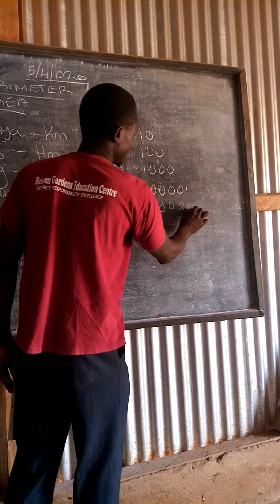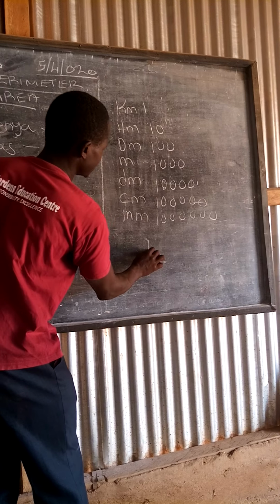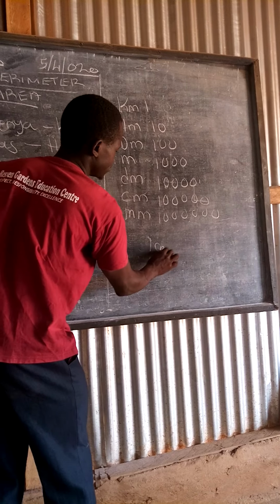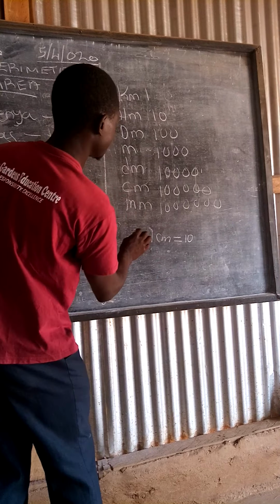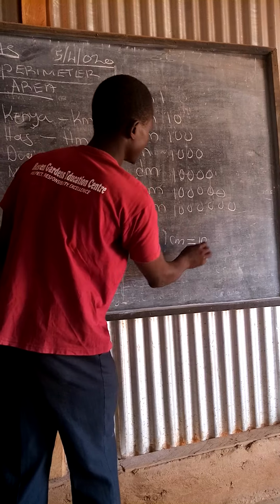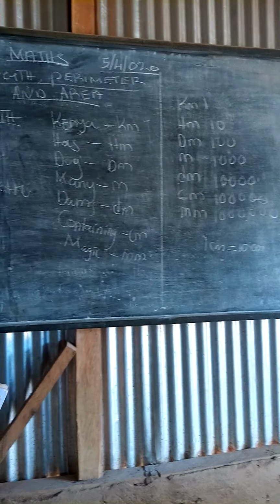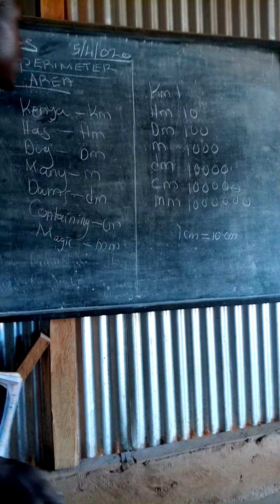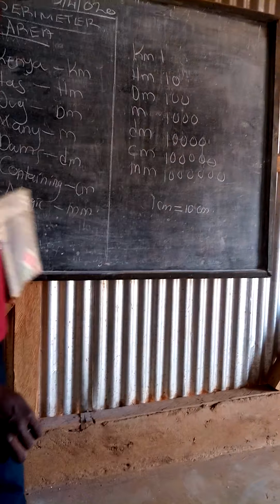Then come down here, make it 10. You realize that 1 decimeter is equivalent to 10 centimeters.